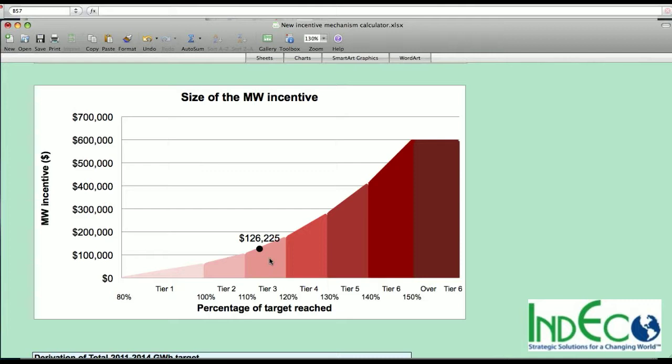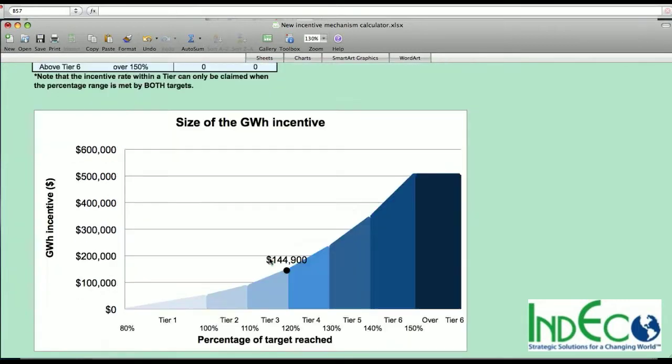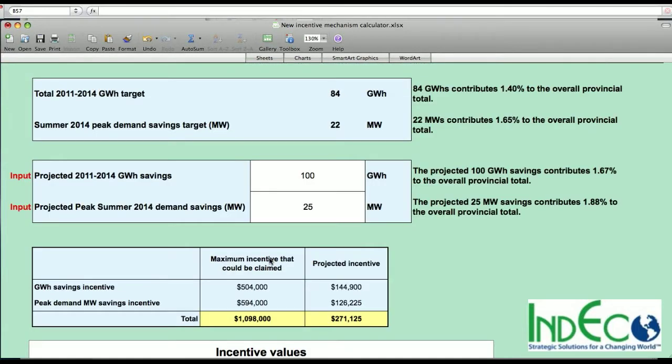As an example, consider a scenario where projected energy savings are 135% of the selected LDC's energy target, and projected peak demand savings are 85% of the LDC's peak demand target. In our example, this corresponds to a projected energy savings of 113 gigawatt hours and projected peak demand savings of 18 megawatts.